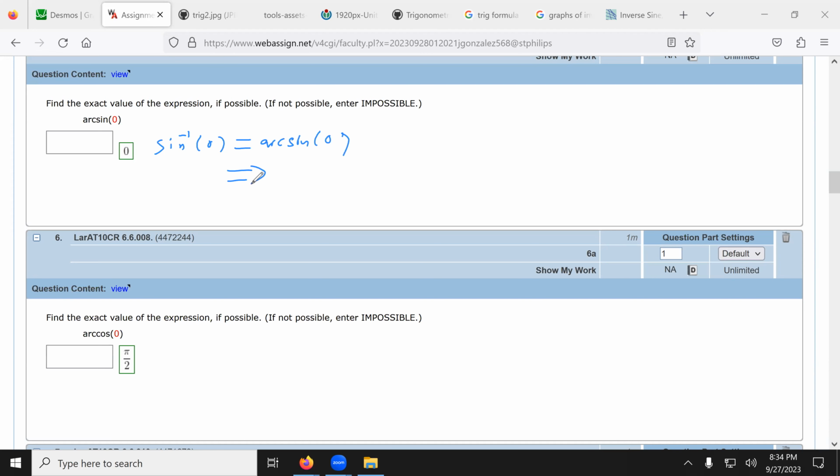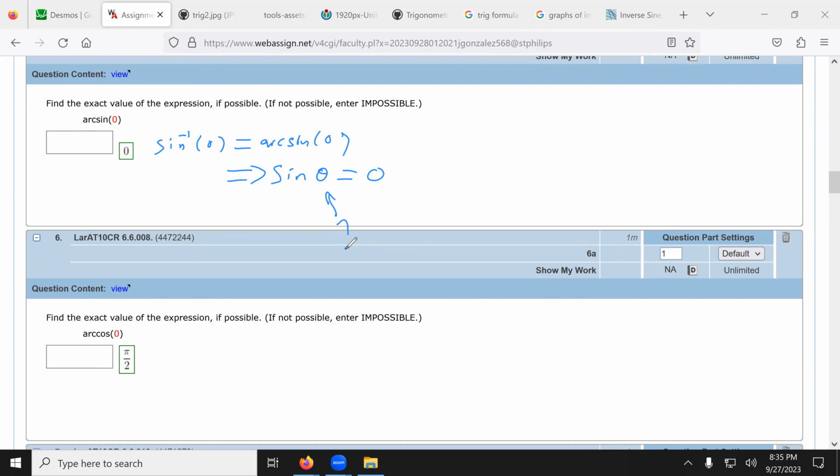By definition, they're asking sine of what theta gives me 0. What is this theta? It'd be 0. Yeah, it's going to be 0, right?